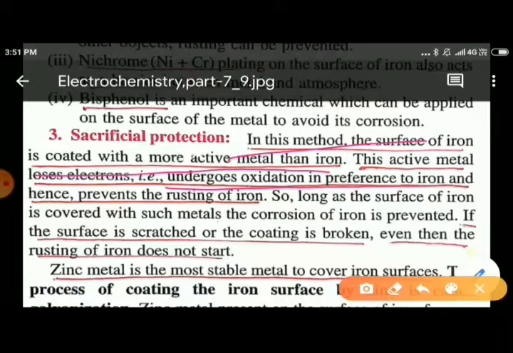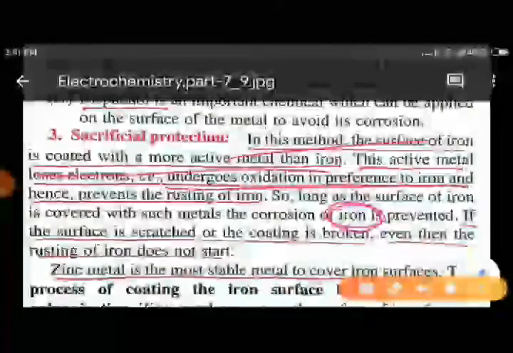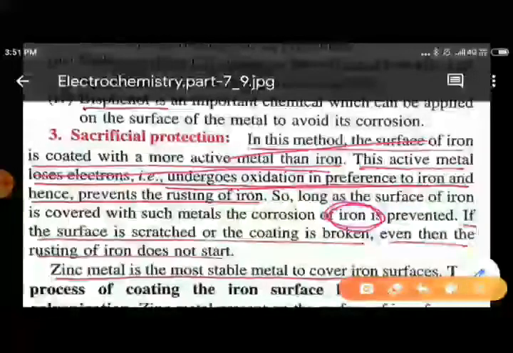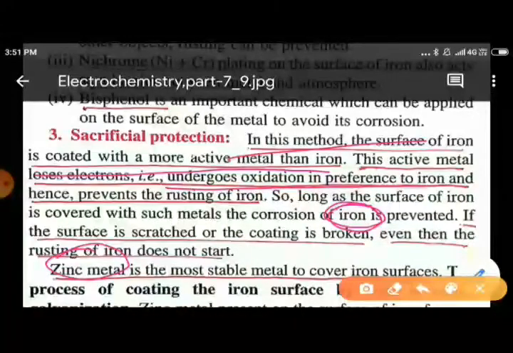In such a situation, iron is made the cathode and zinc is taken as the anode. During the process of electrolysis, zinc, which works as the anode, moves to the surface of the cathode, that is iron, and a thin film of zinc forms around the iron.